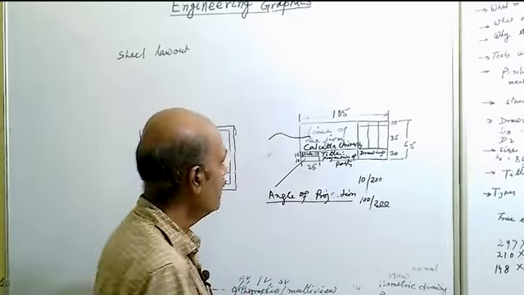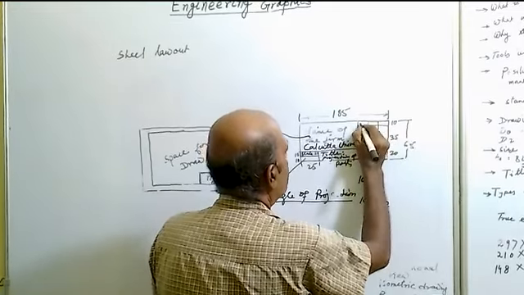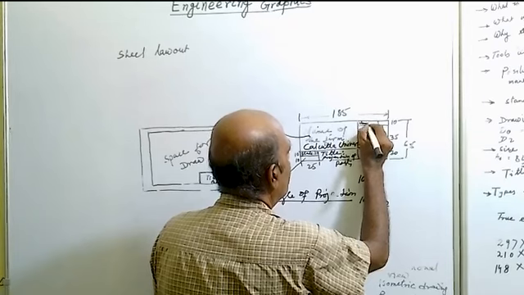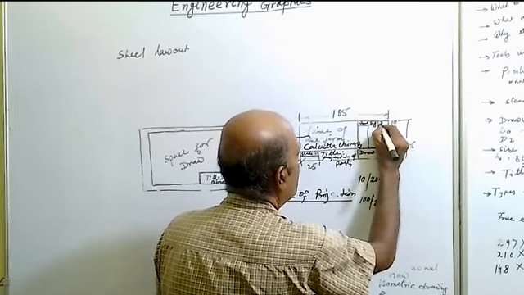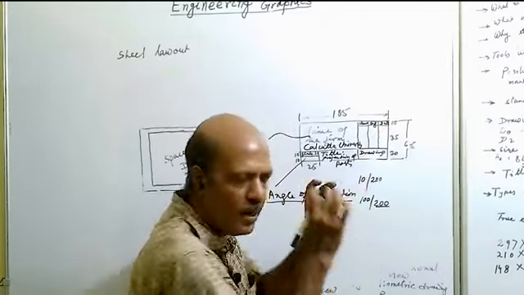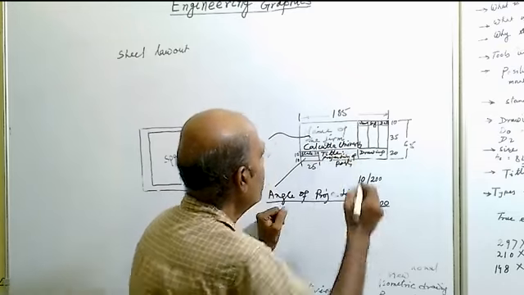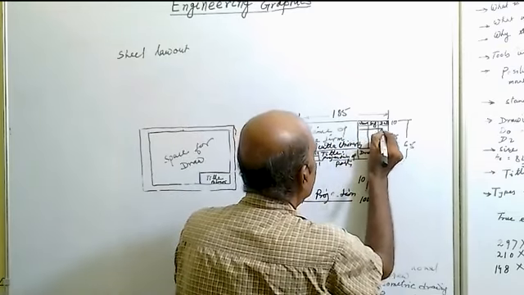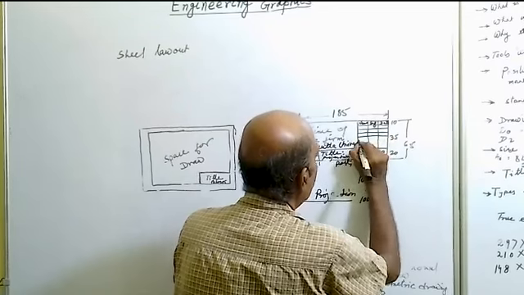Now, in this, we'll write name, signature, and here it will be date. So the space is a small space, and it is divided into 7 divisions. Total 7 divisions.